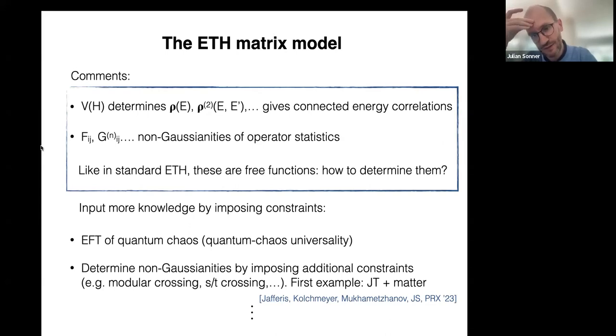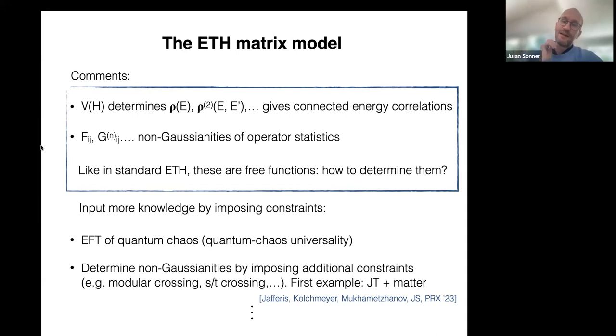I would say that in a completely generic system, I can probably only hope to describe post-Thouless time physics. But for reasons that go into this discussion that we should have about the nature of semi-classical gravity, in examples like JT and also in three-dimensional gravity, it turns out that the applicability of these matrix descriptions is actually at all times.